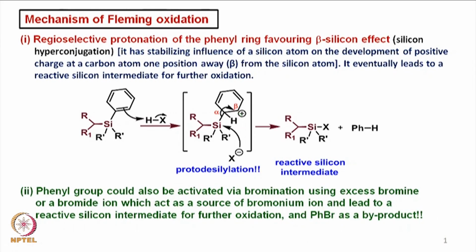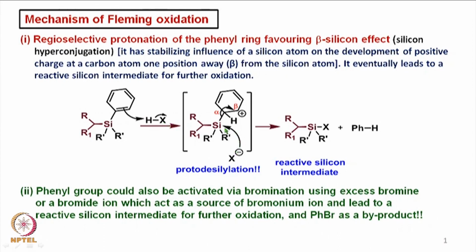So this formation of a positive charge at the beta carbon then eventually allows a protodesilylation, because the negative charge that has come on the X, say for example if we use HBr, is a bromide ion.